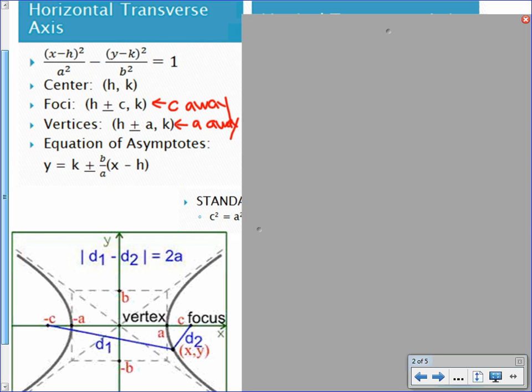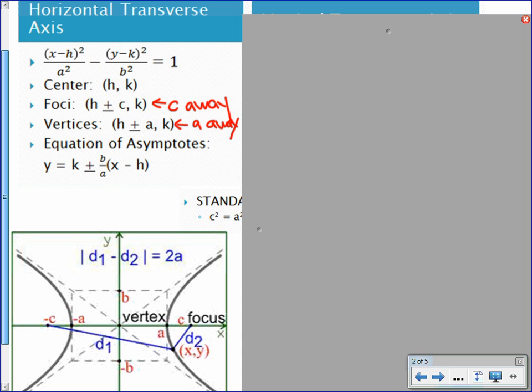Okay. There are going to be asymptotes. Now, you can write down this equation for the asymptotes, but I'm going to show you how to look at your graph and write the equation without having to think about this formula.